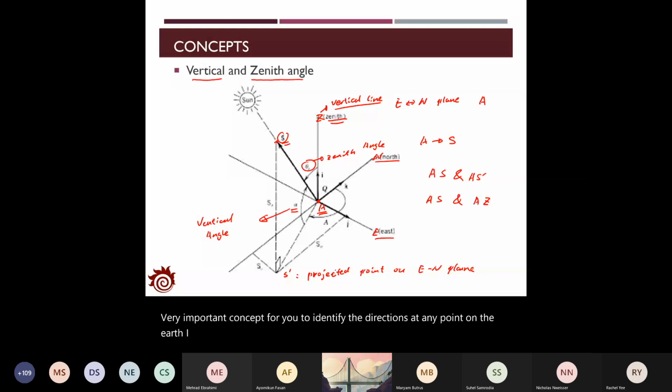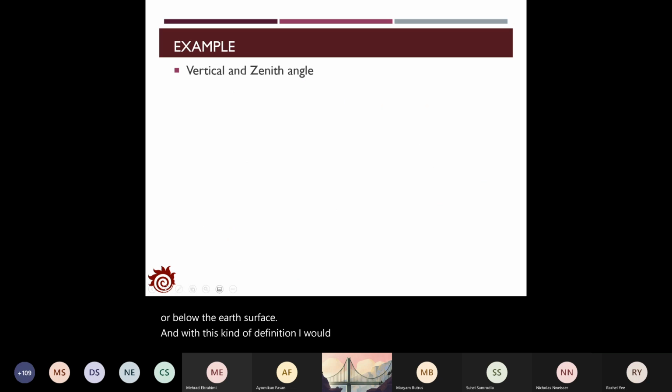It could be on the surface of the Earth or any other locations above or below the Earth's surface. With this kind of definition, I would like to show you one example about how to calculate the zenith angle and the vertical angle.